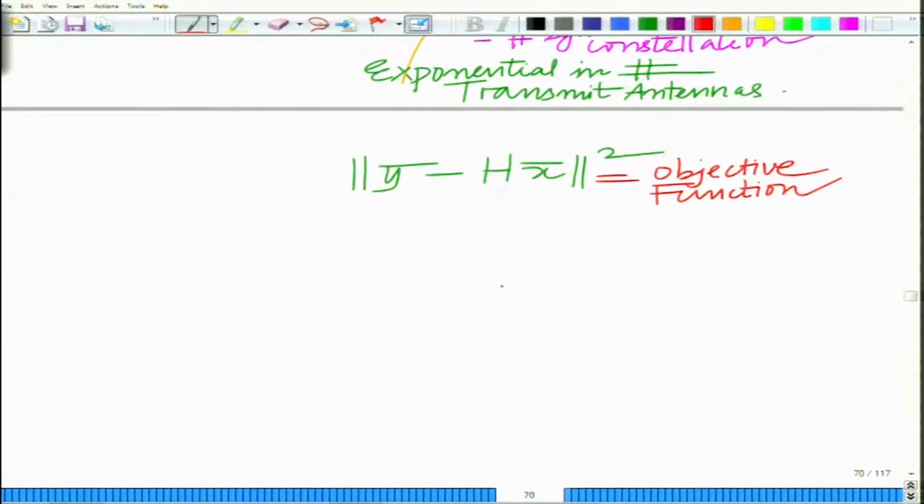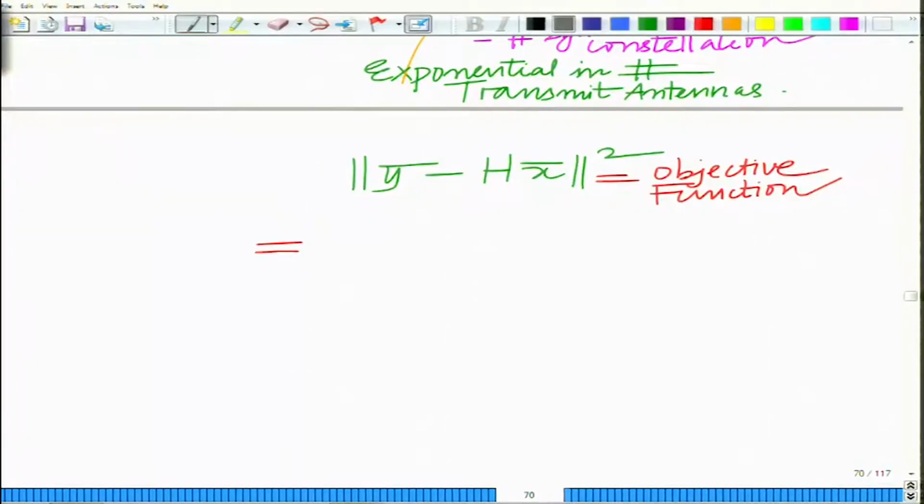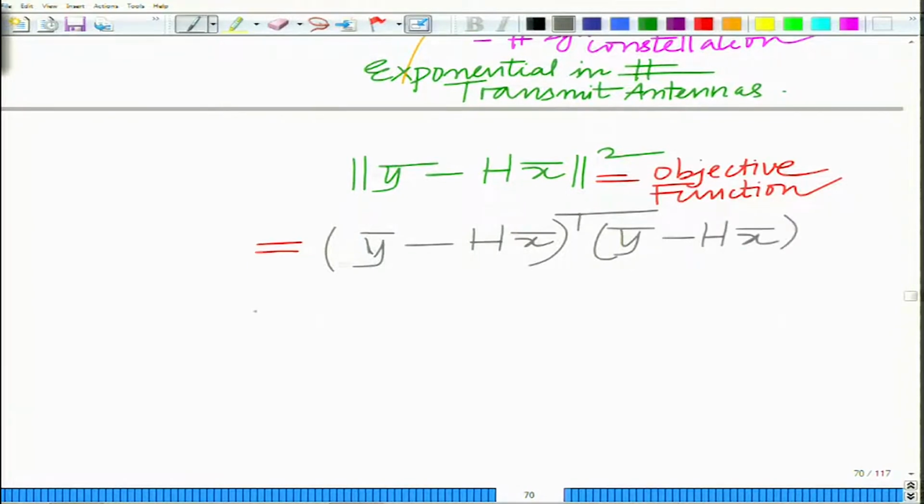And I can write this as follows: y bar minus h x bar, this is the norm square of a vector. So I can write this as the vector transpose times itself, that is, y bar minus h x bar transpose times y bar minus h x bar. This simplification we have seen previously also, so I will go fast over this.